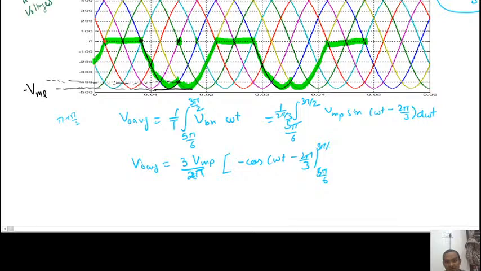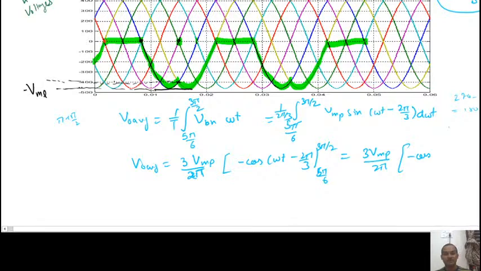Just put the limits, you will get 3 VMP over 2 pi, minus cos, you put 3 pi by 2 here. So it will be 3 pi by 2 minus 2 pi by 3, means 270 minus 120, which is 150.